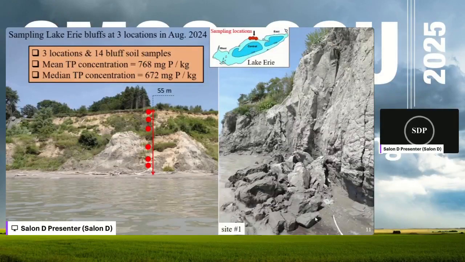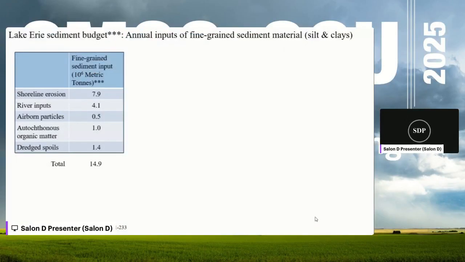For our study, we used the median concentration. This is from the detailed study of the shoreline, of the fine sediment material, annual inputs of the sediment material to the lake. You can see shoreline provides the majority of this material.